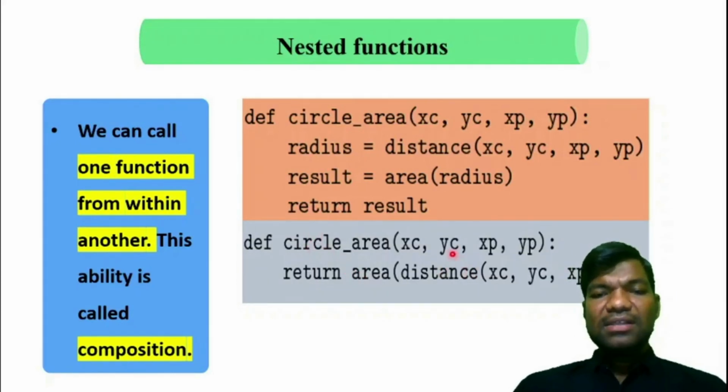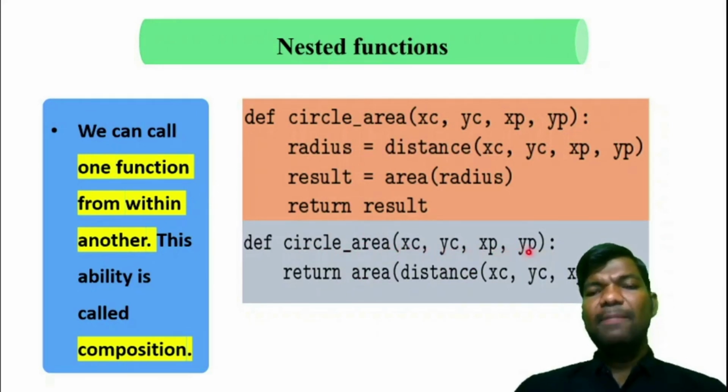You can compose the same program in a different way like this. So here same thing, you are calculating the area of circle_area xc yc xp yp. Here directly you are using return statement. So you are returning the area. So what is area here? Radius. So what is radius here? Distance of xc, yc, xp, yp.